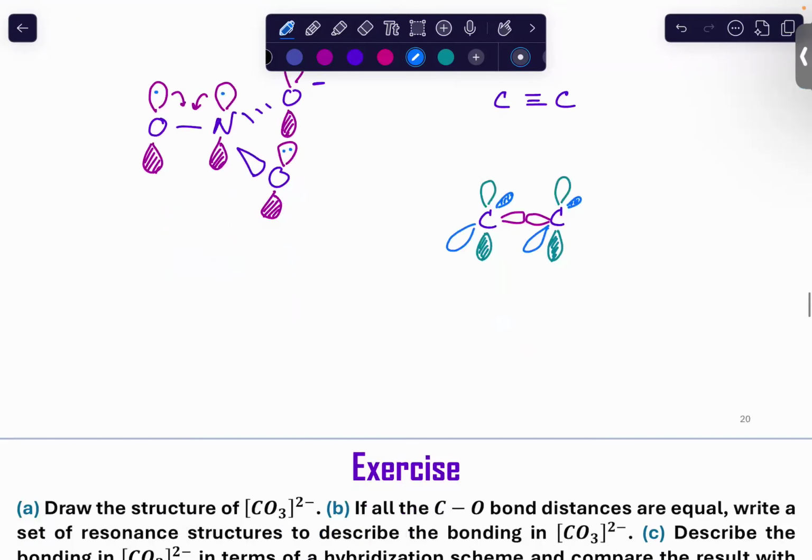So when those reach across and form the two pi bonds, we're going to get this sigma structure in the middle. Then, the three-dimensional drawing. Let's see if we can do this.